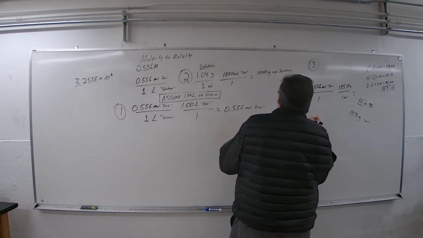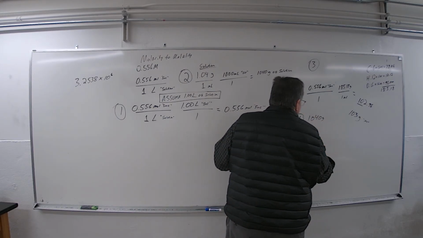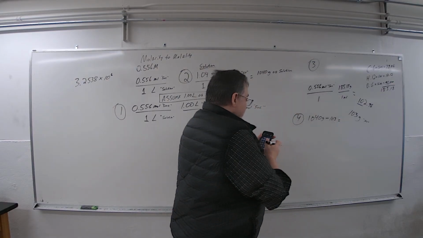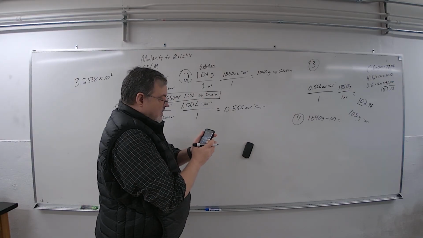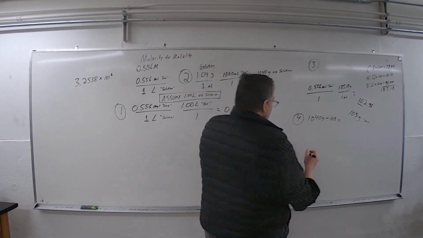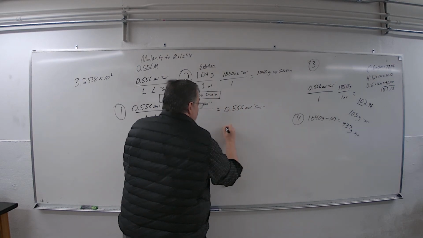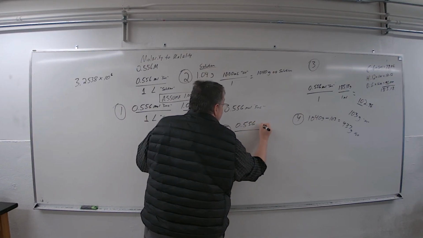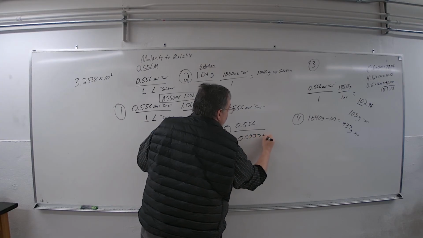I'll say step 4: 1040 grams of total solution minus 103 grams of the sucrose. What's left is going to be the grams of water. And the last step is moles over kilograms. That many moles of sucrose over 0.937 kilograms of solvent.